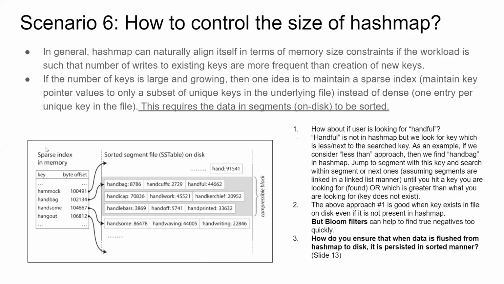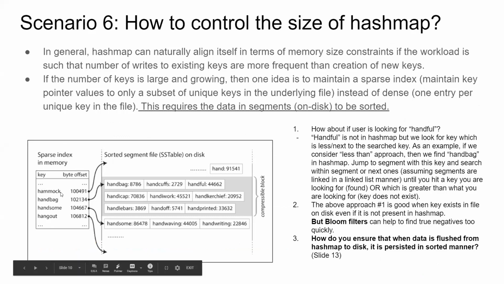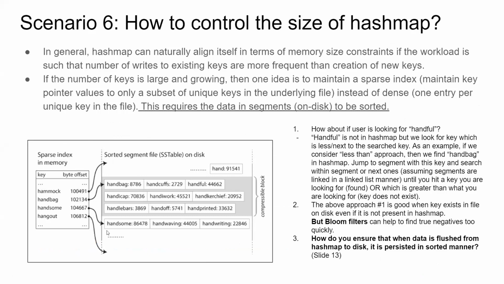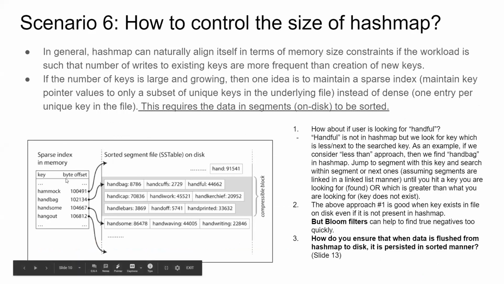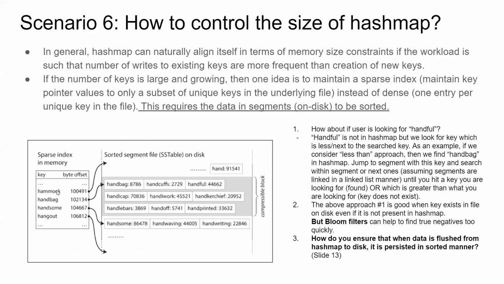That's where the idea of a sparse index comes in. We don't maintain a key-value pair for every entry, but for every segment. So that will reduce the number of key-value pairs. And I think, Leon, that touches on what you were pointing to, that you may not have unique duplicates within a segment.